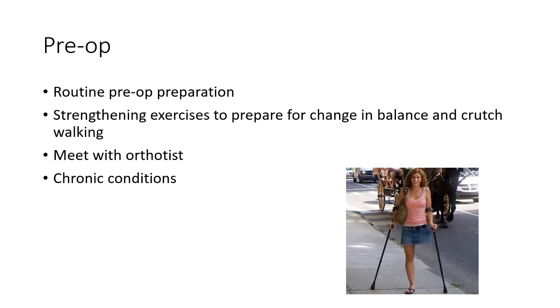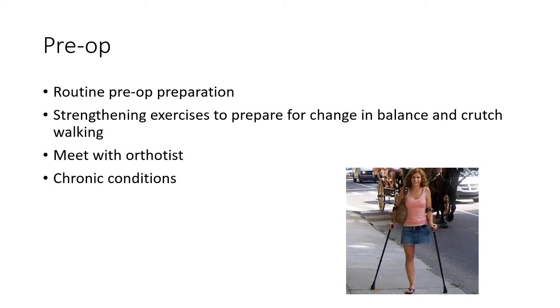They can meet with an orthotist so that they know what prosthesis they're going to use and get familiar with it. They're also going to live the rest of their life with prostheses, and they may have other chronic conditions too.